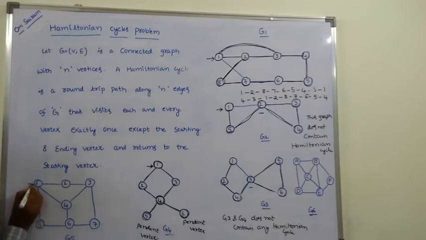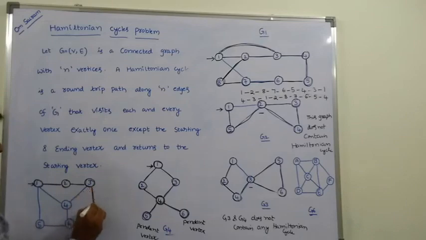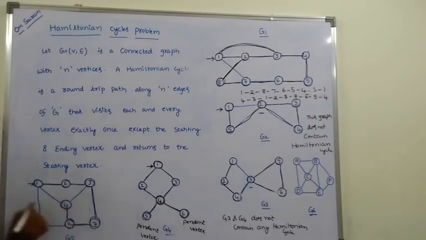Suppose we are starting at vertex 1. Next we go to vertex 2, then vertex 3, then vertex 7, then vertex 6, then vertex 4, and then back to vertex 1.